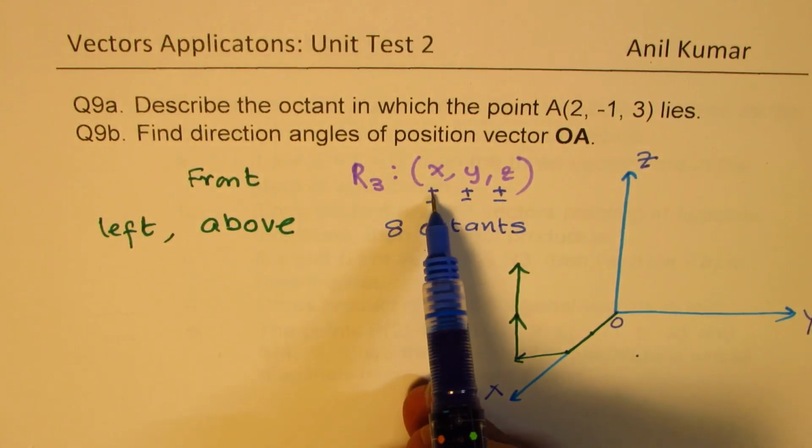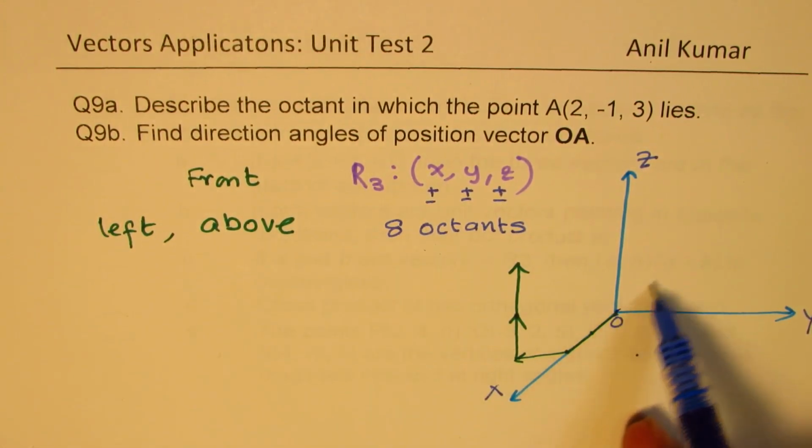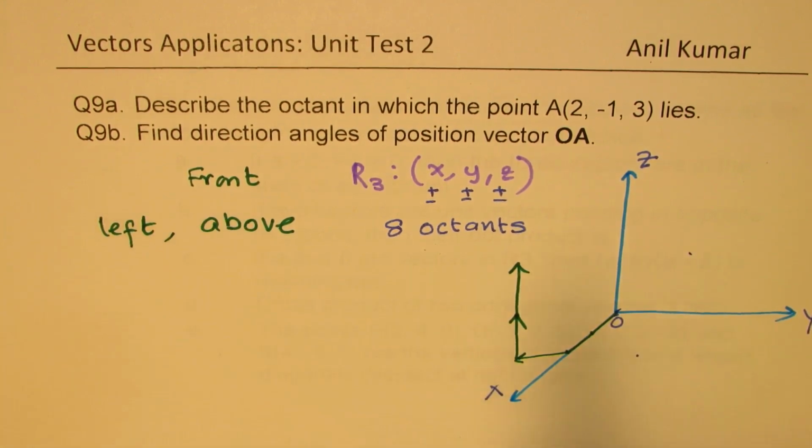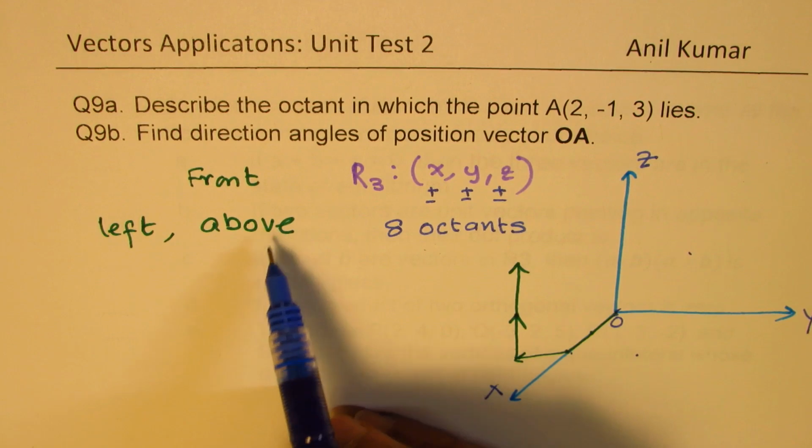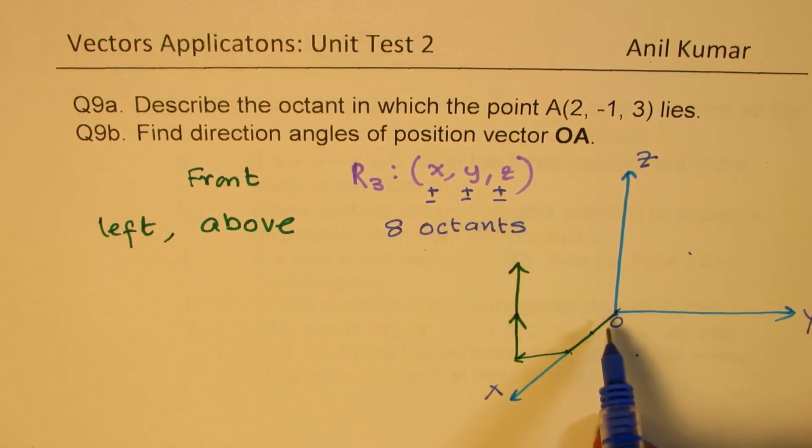If x is positive, we mean front, and then back. So I wrote front first. For y, left is for negative, right is for positive, and for z, going upwards or above is positive and going down is negative. Is that clear to you, right? So that is how we describe our octants.